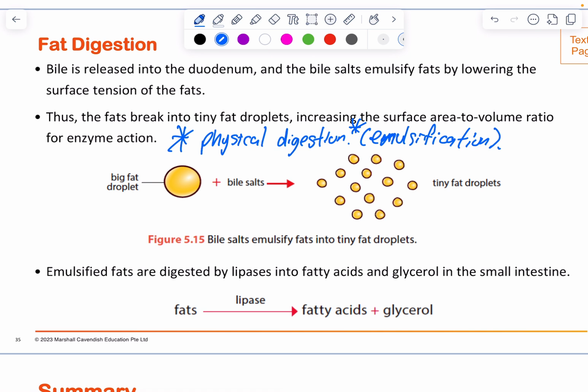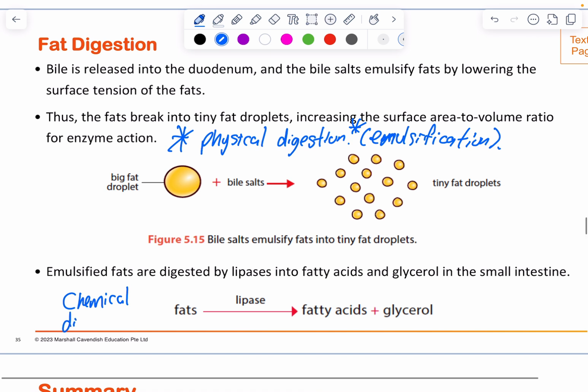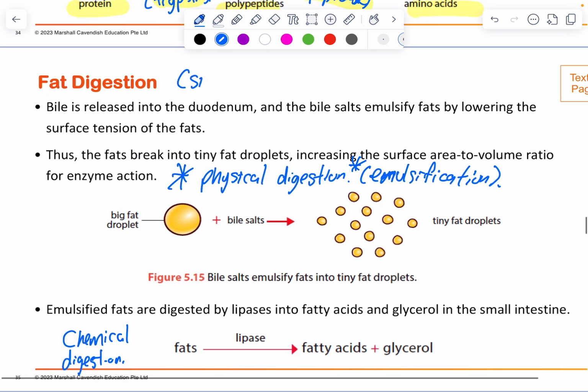Digestion in this case only happens when the fats react with your lipase to form fatty acids and glycerol. So this is a chemical digestion, and all this only happens in the small intestine.